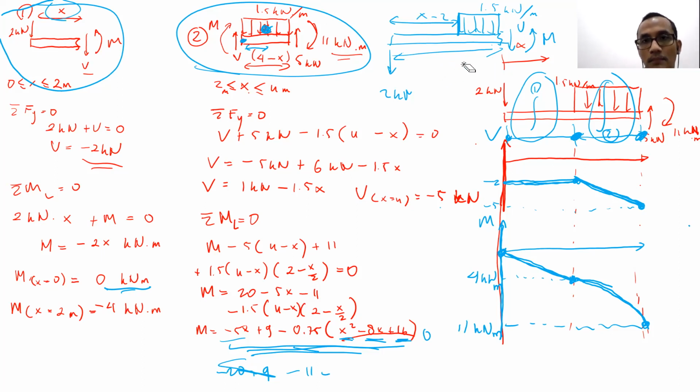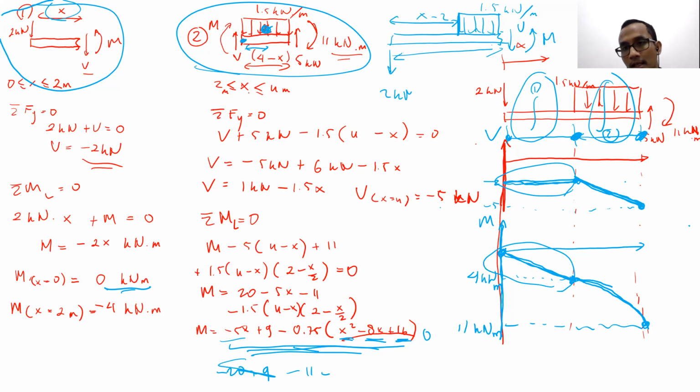Basically, whenever we do the cutting, we have to make sure the section can represent a certain part of the beam. For example, the first cut represents this particular shear force diagram and this particular moment diagram.